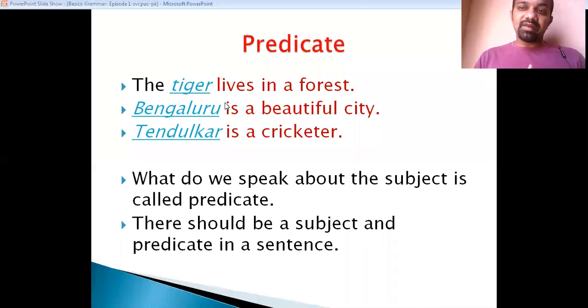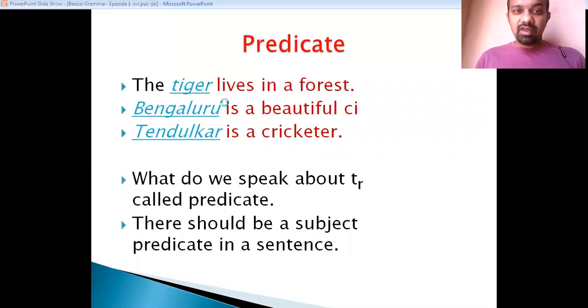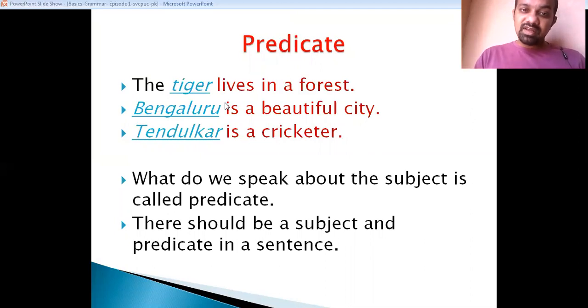Then what is predicate? Look at the sentences here. The same sentences I am taking. The tiger lives in a forest. Now you can see the tiger, Bengaluru, Tendulkar are in red letters. Here you can see lives in a forest, is a beautiful city, is a cricketer in red letter.